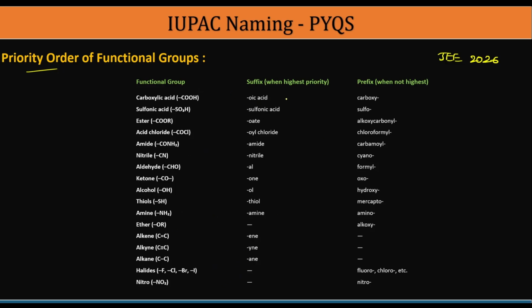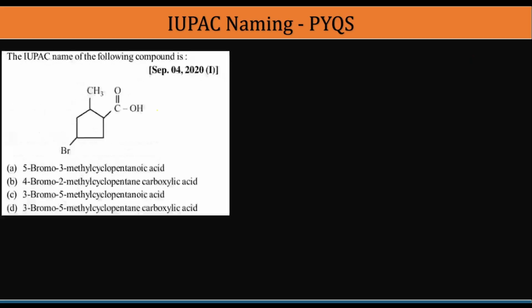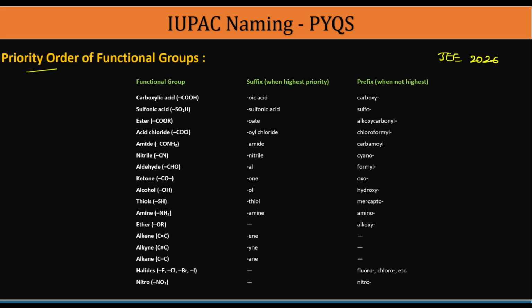These are the suffixes and prefixes you need to use while writing the IUPAC name of a compound, and we write the substituent names in alphabetical order. These small things will get covered easily, but you need to know the functional group priority order. You can take a screenshot of this, which is helpful for you.